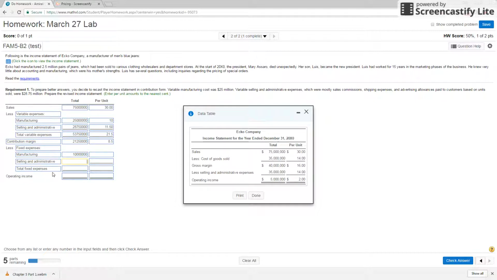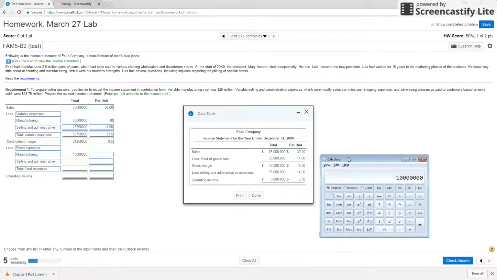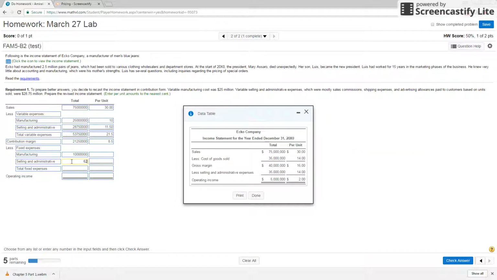fixed manufacturing cost. And for the selling and administrative, its total is 35 million here. We have 28 million and 750 over there. So 35 million minus 28 million and 750,000 is 6,250,000.